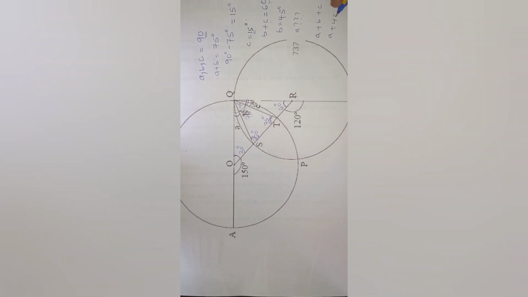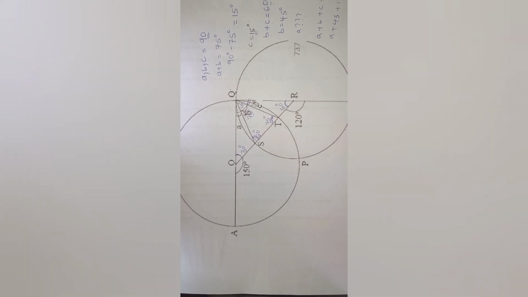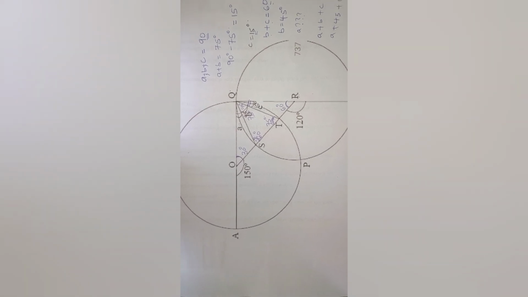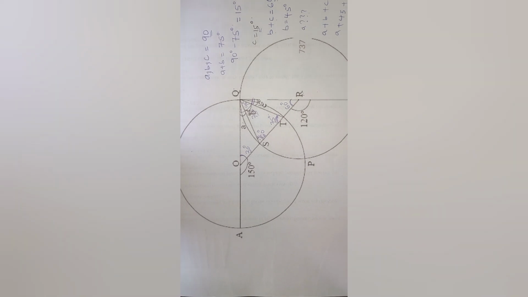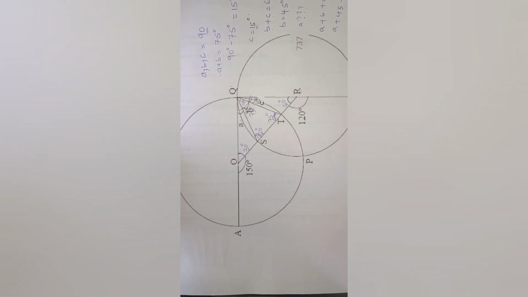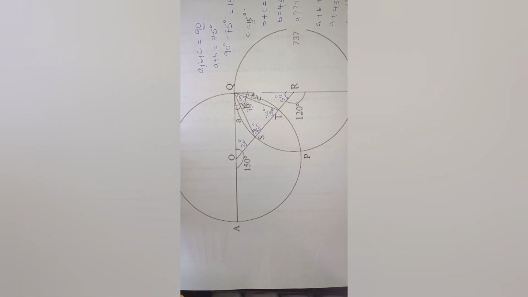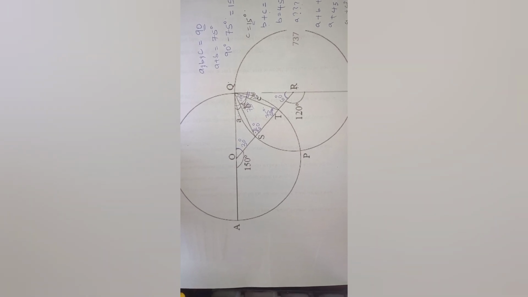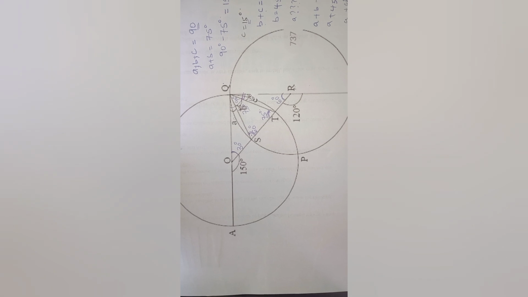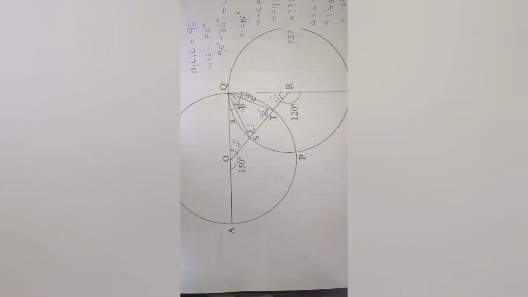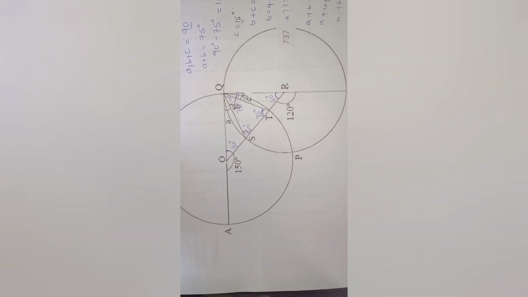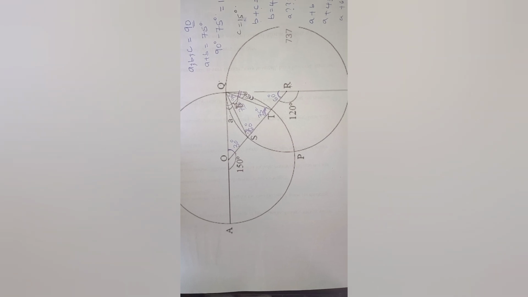You already got 45 degrees, and C we got 15 degrees. So take 45 plus 15, you'll get 60. So A plus 60 degrees will be 90 degrees. So angle A will be equal to 90 degrees minus 60, which is 30 degrees.